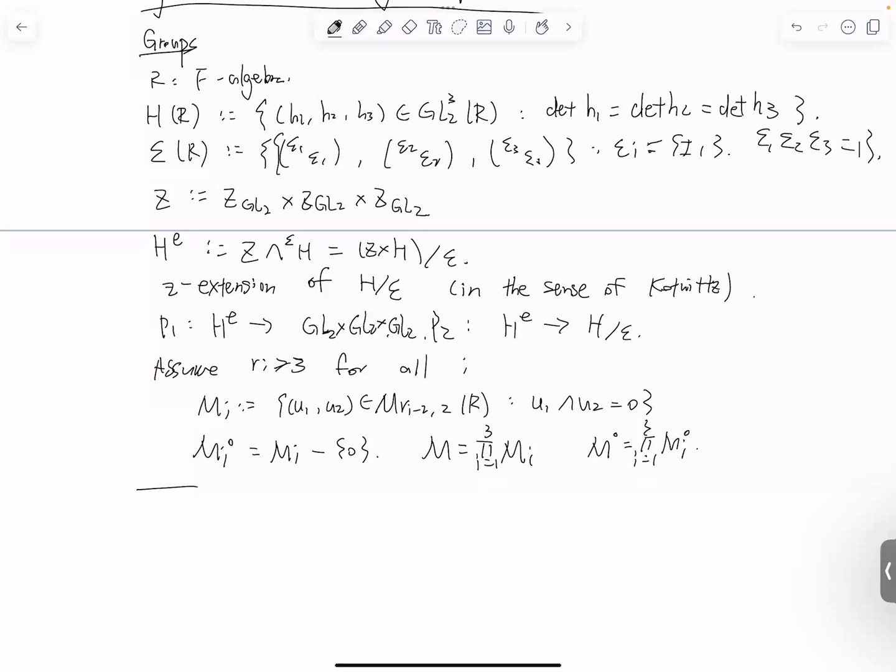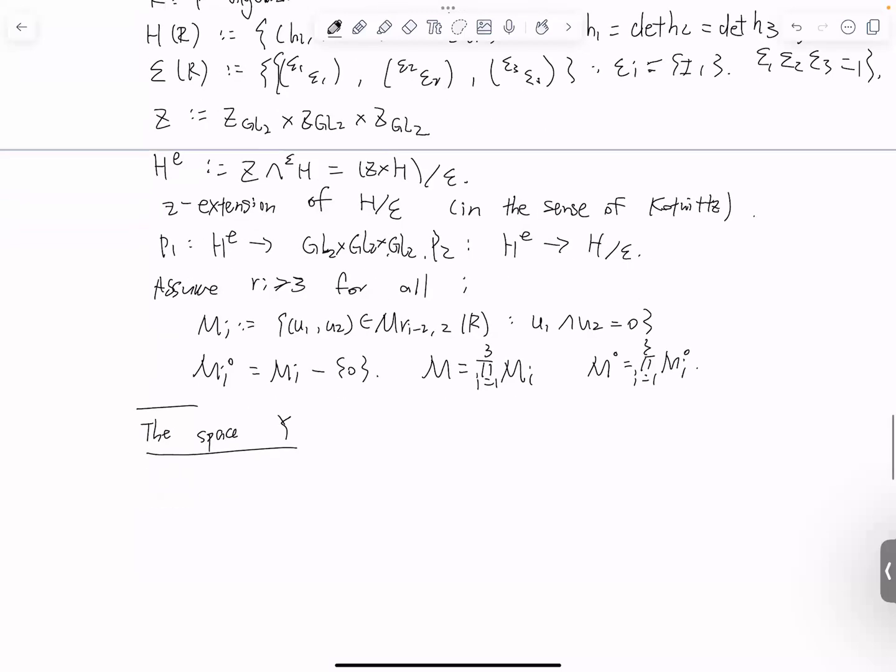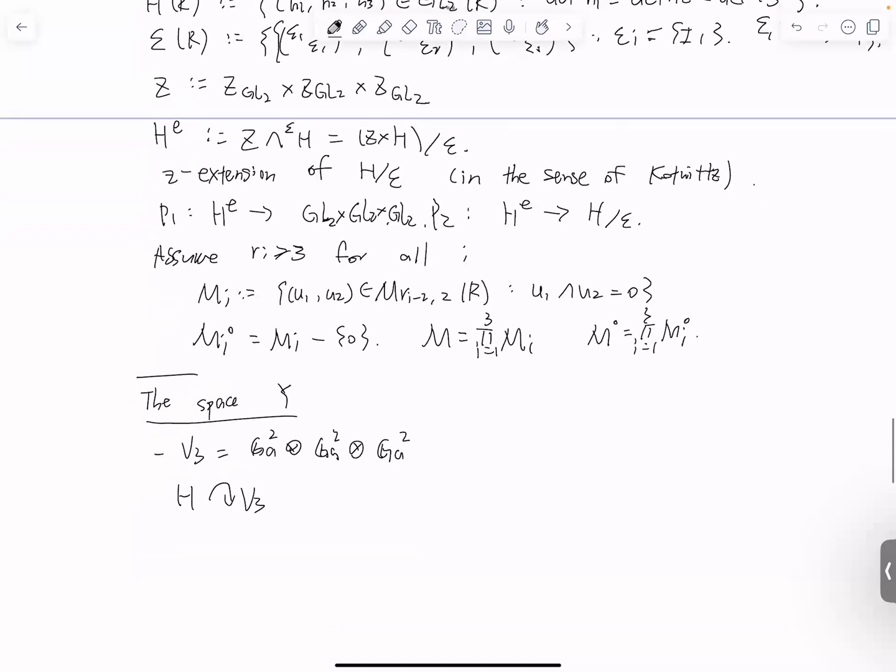Okay, so then I will talk about some spaces. First of all, there is a space Y. I denote V3 to be G2 tensor GA2 tensor GA2. And I have an action of H on V3, which is defined above by V1 tensor V2 tensor V3.